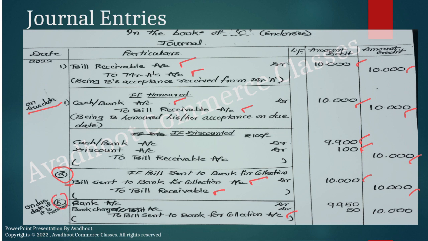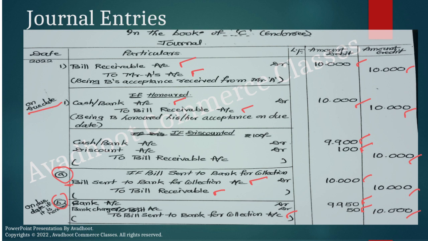What you received is from the bank, and the bank is going to deduct certain charges for this service rendered. Therefore, bank account debit 9,950, bank charges account debit 50, to bill sent to bank for collection account 10,000.